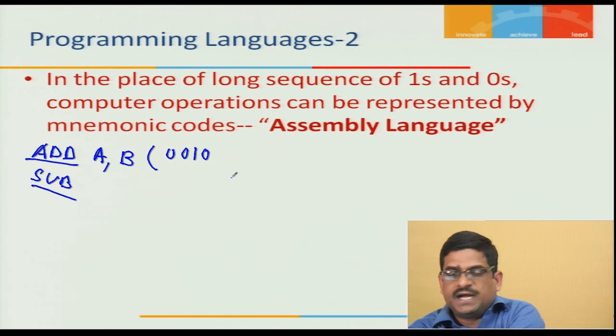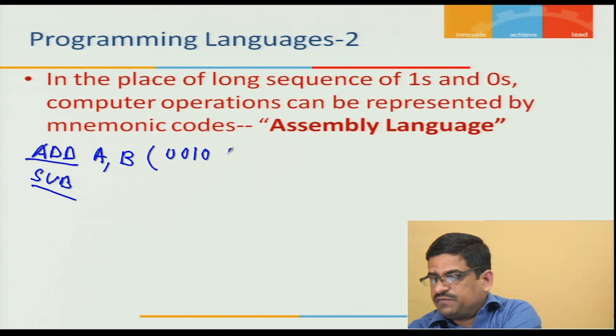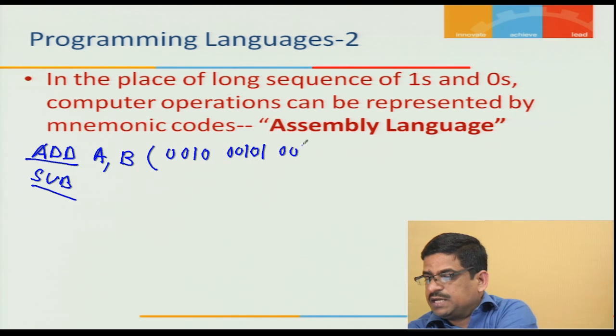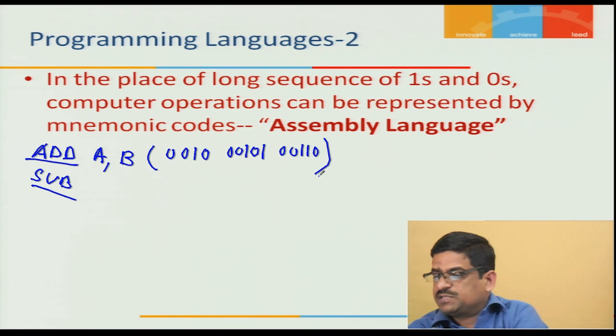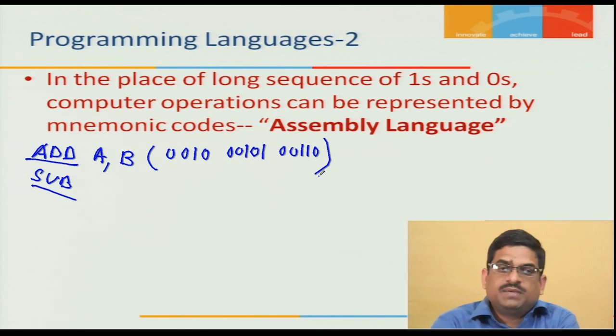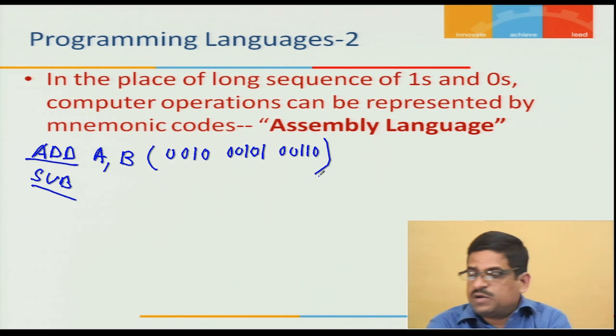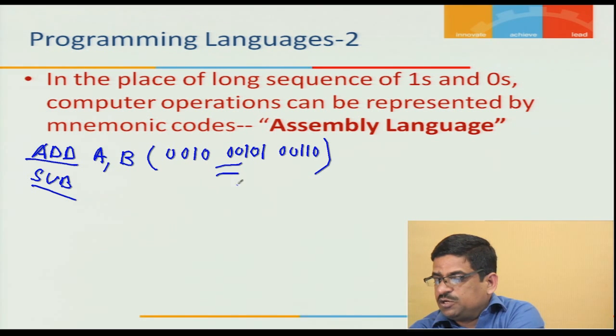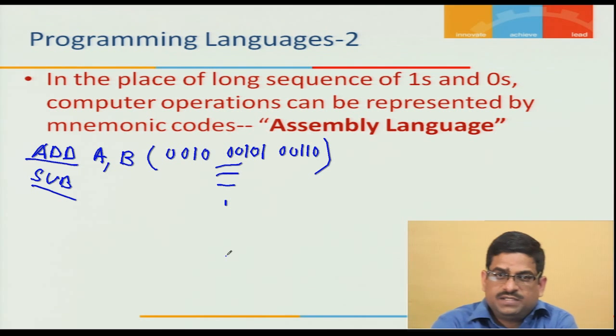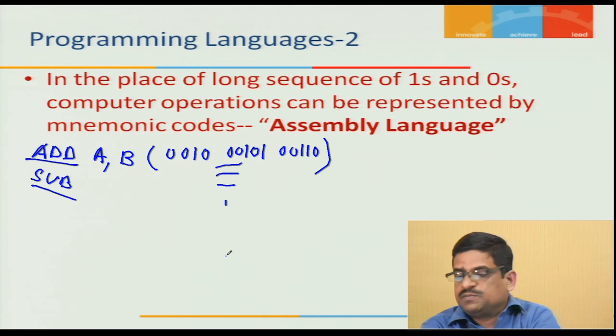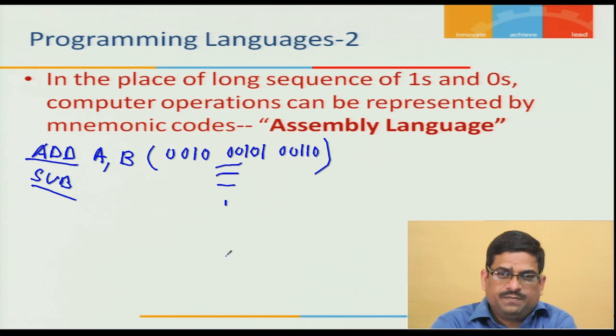Let's say the code for add is 0010. The first memory location I am representing with something like that, and the second memory location with some 5-bit or 6-bit combinations. So if you have these sorts of lines in your program, a 1010 sequence, now you can decide which is the more convenient way of writing the program.